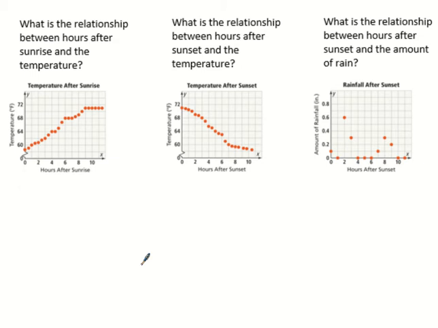So it says, what is the relationship between the hours after sunrise and the temperature? This is the time that the sun has risen, 10 hours after, and then what the temperature is doing while the sun rises. So remember, we have negative, positive, and none.